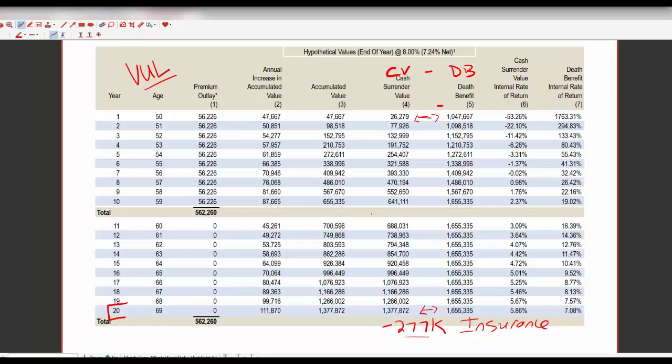But again, variable universal life insurance contract, unlimited upside, unlimited downside. So what happens if in year 20 the market corrects by 30%? Okay, well, what happens is your $1.3 million is going to get reduced by 30%.